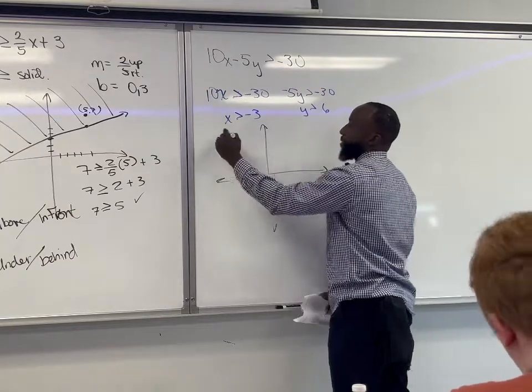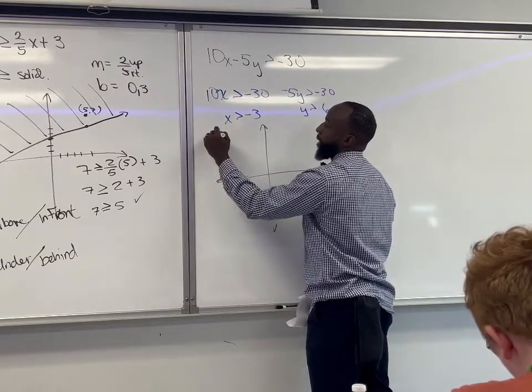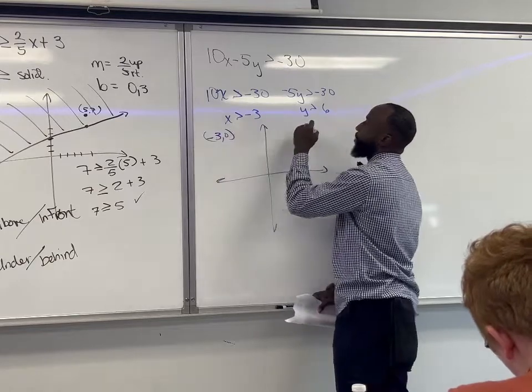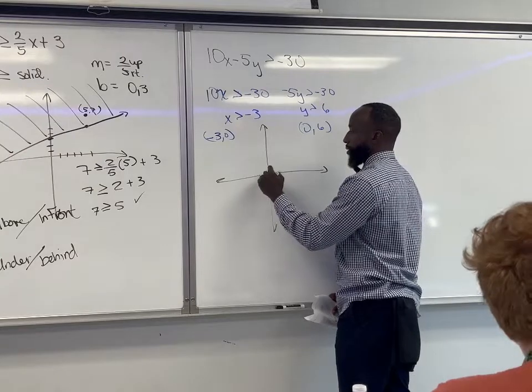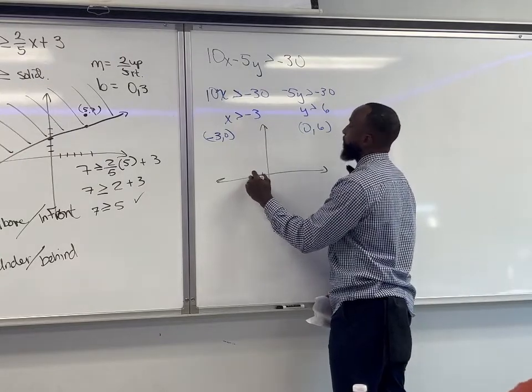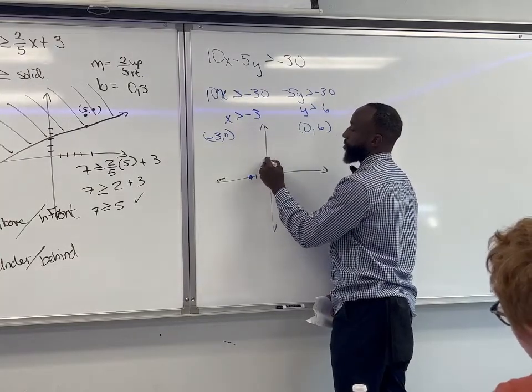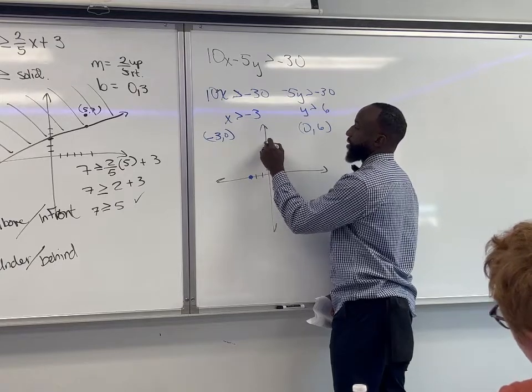This is just for our x and y intercepts. So we got a point at negative 3, 0, and we got a point at 0, 6. So let's plot those points. 1, 2, 3, negative 3, and then 1, 2, 3, 4, 5, 6 up here.